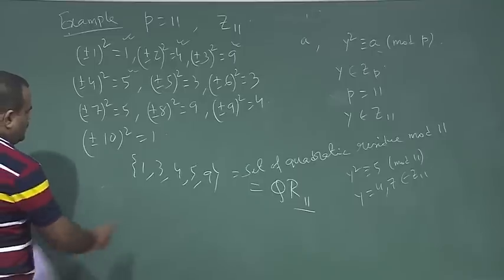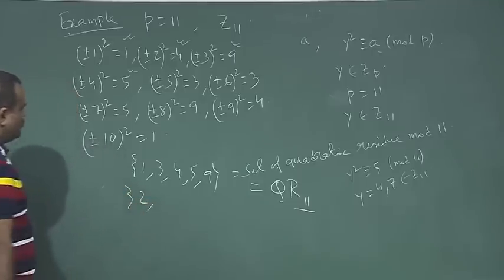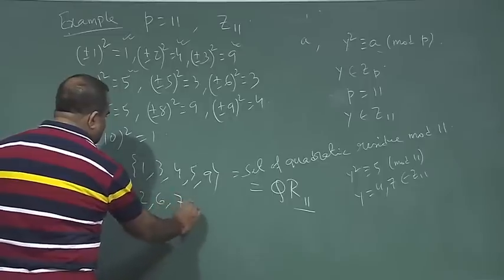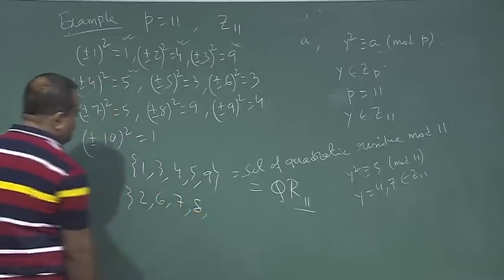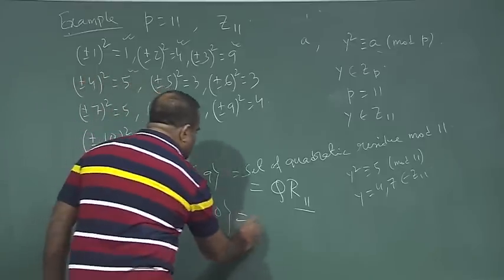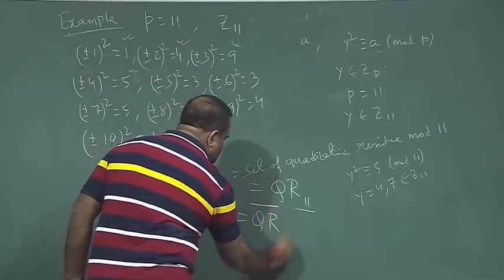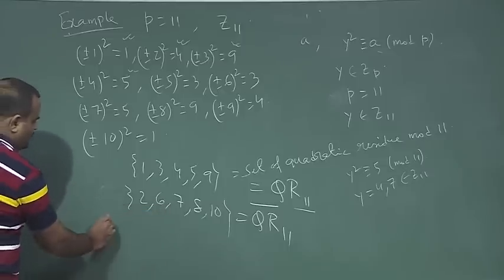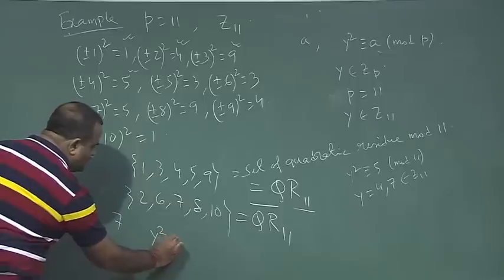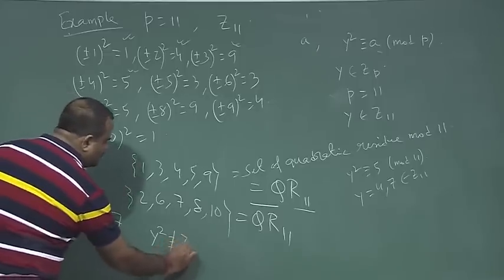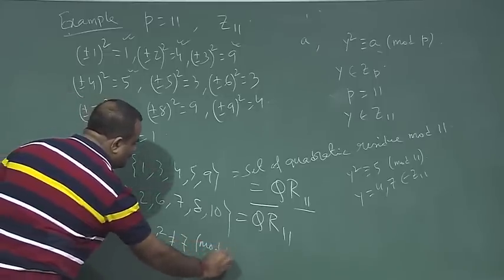The remaining set, like 2, 6, 7, 8, 10. These are our quadratic non-residues mod 11, because if you take, for example, A equal to 7, then there does not exist a y such that y square is congruent to 7 mod 11.